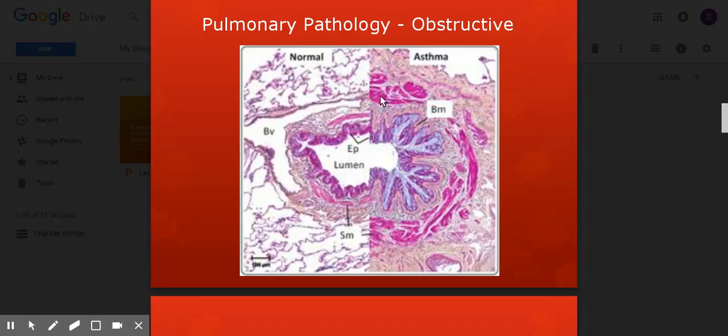And again, you start to see the increased development of hypertrophy of tissue. And also you see the increased response of mucus and buildup of the airway, as well as a tightening and constricting, decreasing the lumen size, which will impede air exchange.